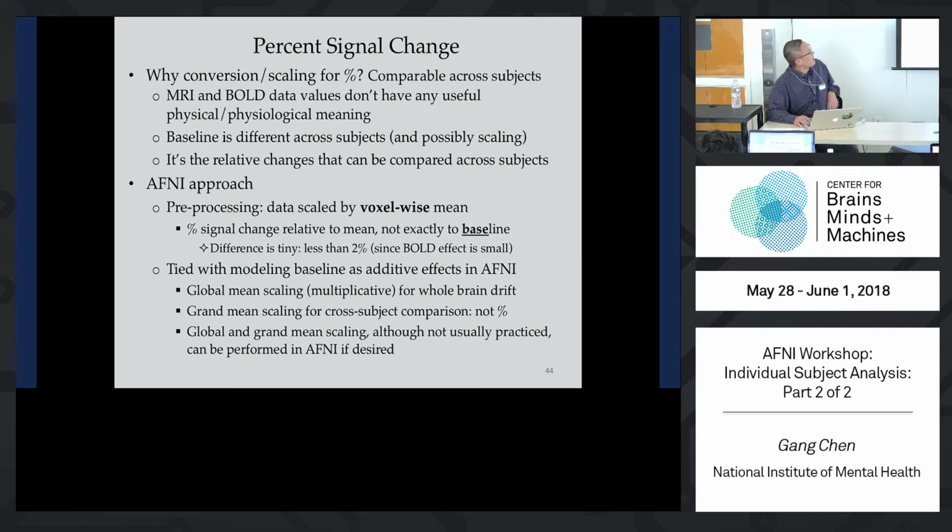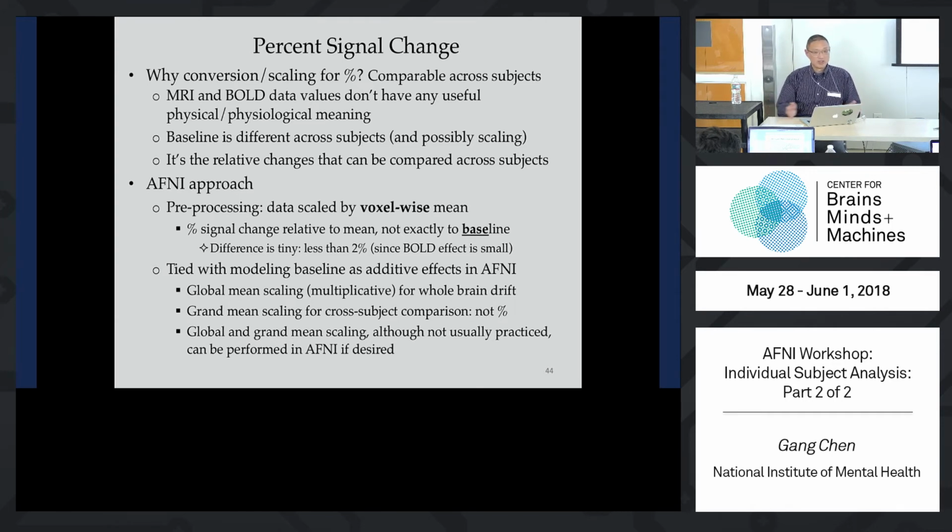So I think the last practical issue is percent signal change. This is more often unique, because in the 3 software packages there are different ways to deal with the scaling, the normalization of the signal. We know the data from the scanner is very arbitrary, right? The real values, the numbers, are 2,000 or 3,000 or 1,000.